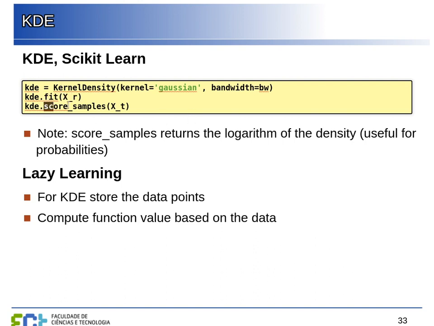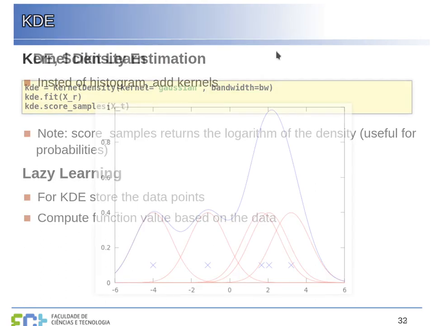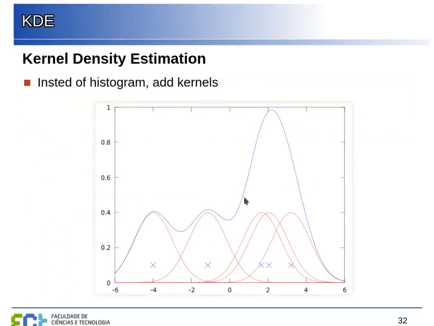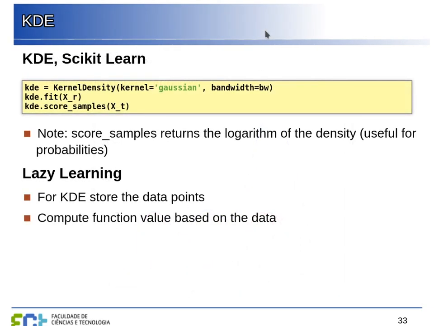When you compute the scores for samples, for example in the test set, the object will do the computation and give you the values for the X values you provide. So this is lazy learning because there is no fitting of parameters on the first stage. Everything is computed at query time.